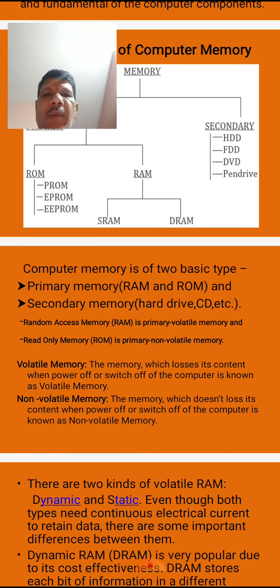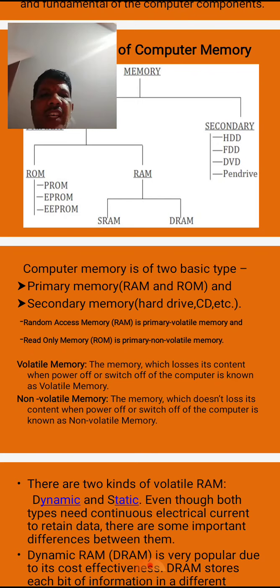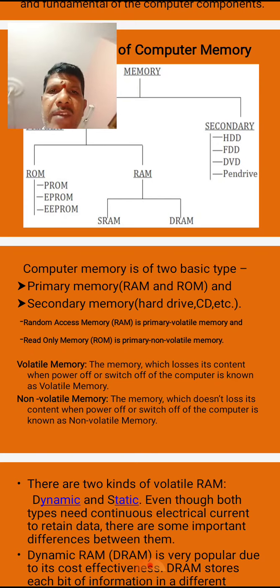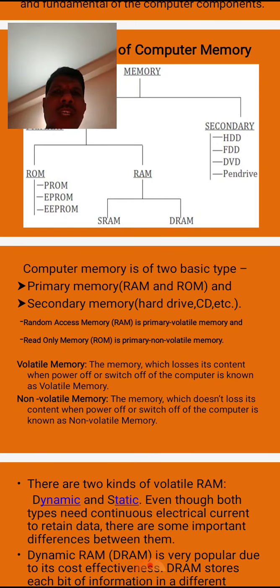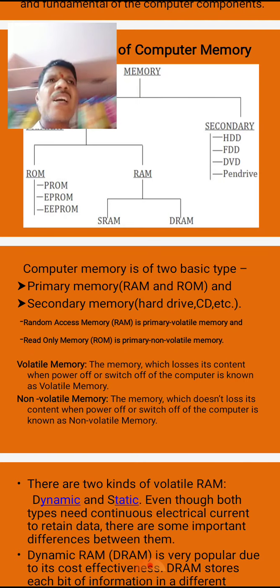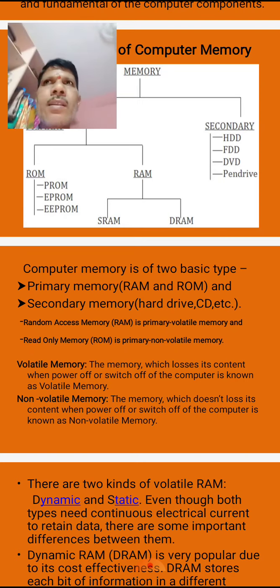Non-volatile memory is the memory which doesn't lose its content when the power is off or the computer is switched off. Generally, when we are typing or doing some job with the computer, the data is saved in the RAM only, primary RAM.